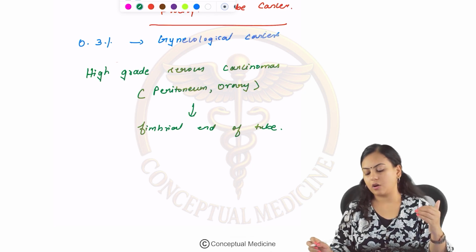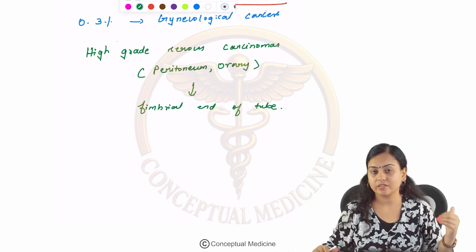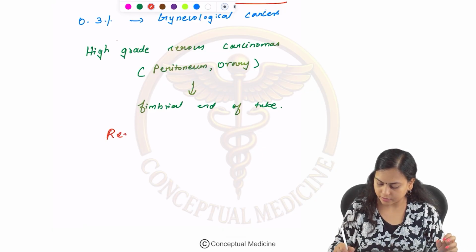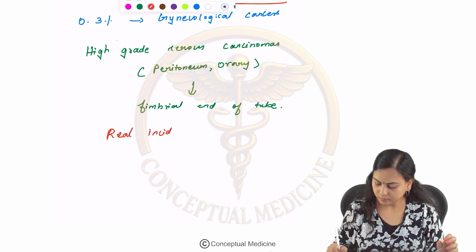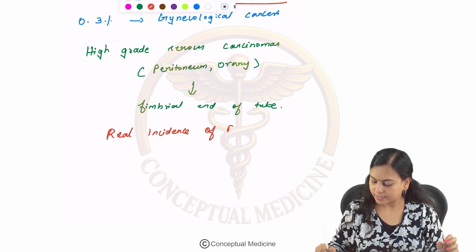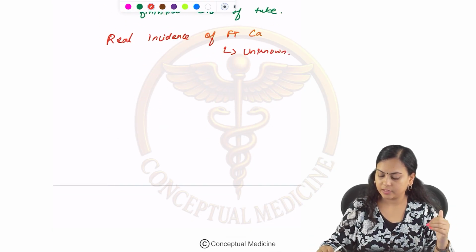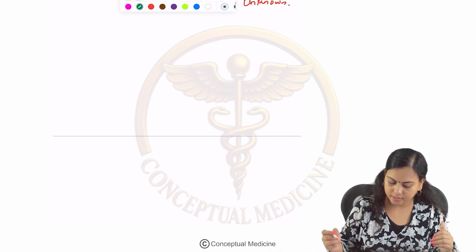But not all of this has been designated the correct site of origin, right? So, the real incidence of fallopian tube cancer is unknown. It must probably be higher than what they have calculated till now, right?